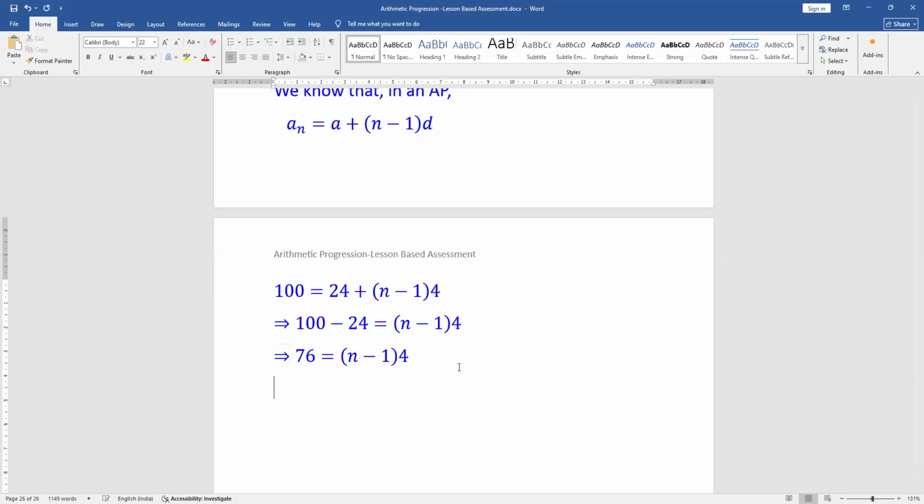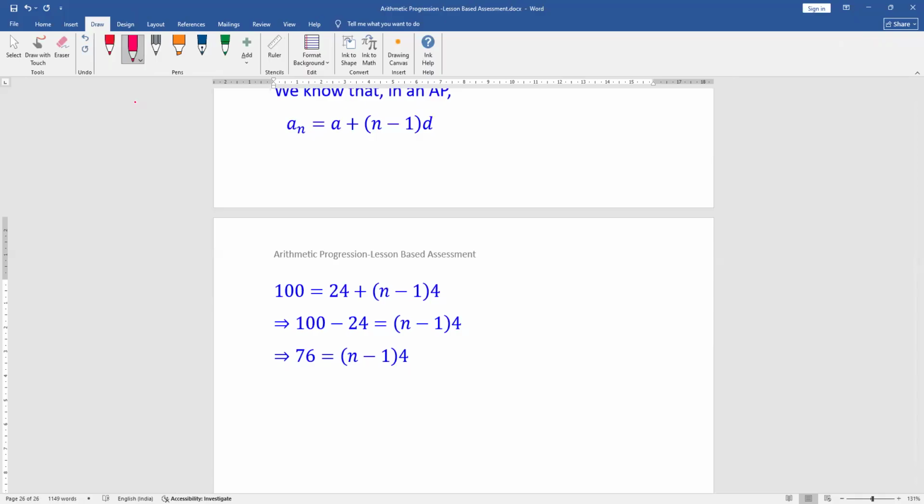Okay. Then after that, what I do is, here 4 and 76, it gets cancelled, right? So let us cancel that. 4 ones are 4, 4 nineteens are 76. Again, we use the 19 table here. Okay, so it's very important that you know the tables up to 20.